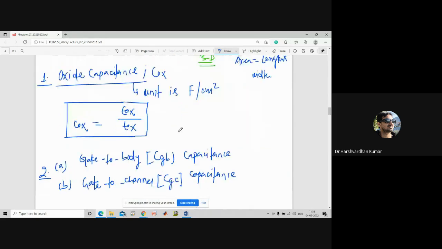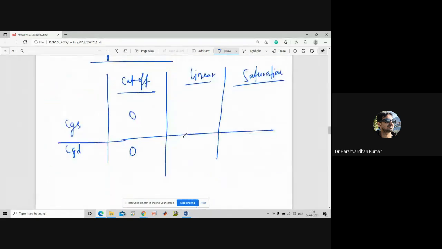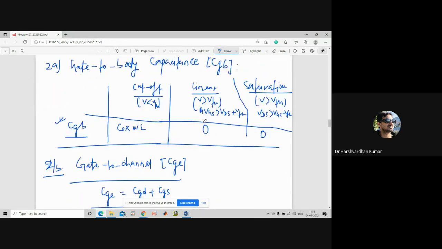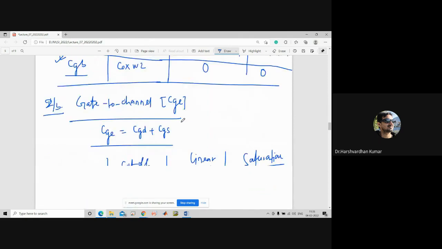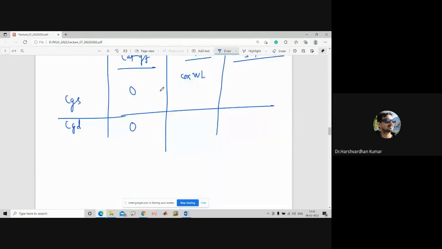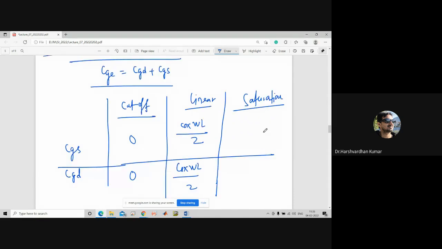The oxide capacitance multiplied by area, W into L. Since the length from the source to drain is symmetric, we just have to divide the capacitance by 2, or half, right? Now we have to check for saturation.